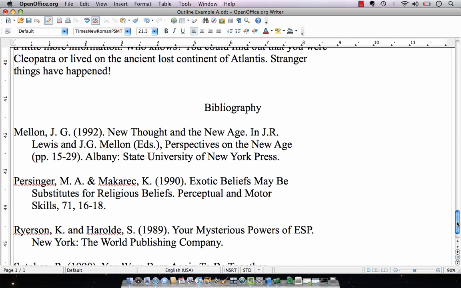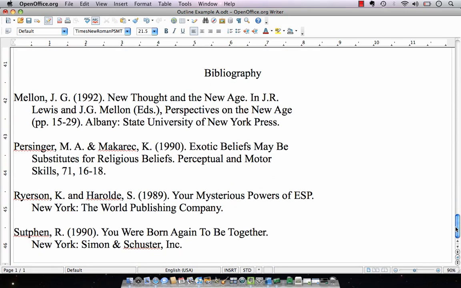is the bibliography. The style cited here is APA style, but you can cite it in MLA or Chicago, whatever you want, as long as you're consistent. It can be on the bottom of your outline, it can be on a separate sheet, whatever you want, but it has to be there.